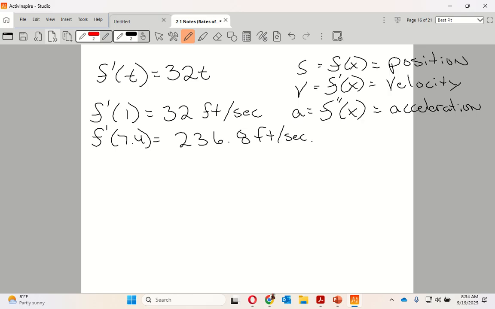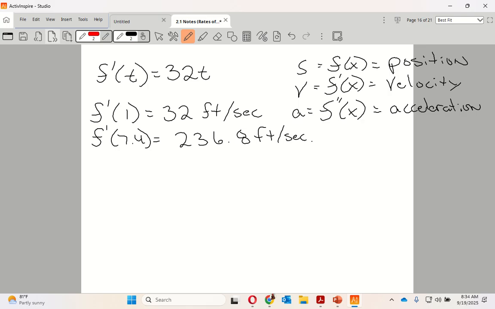So what was the 7.4 in yesterday's problem? No, that's acceleration. Oh, yeah, per second squared is acceleration. The ending point, like when it hits the water, right?